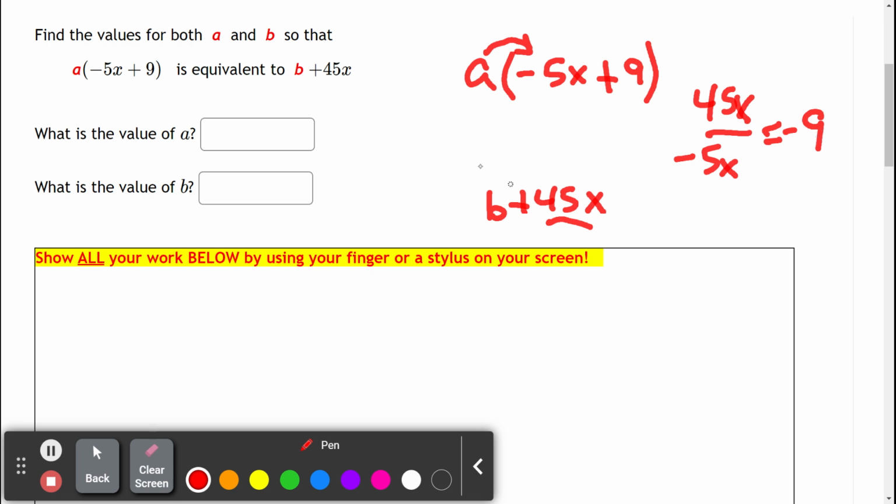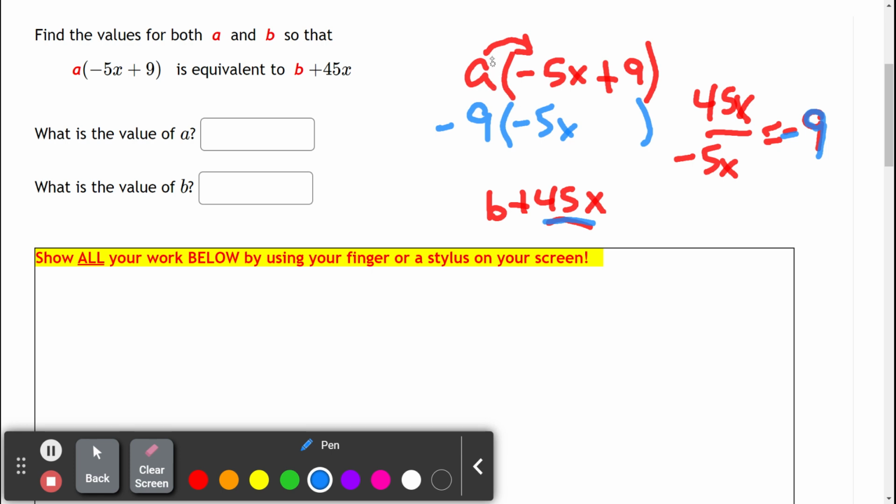And that's what goes outside. That's what this missing number is. So negative 9 right here is the A. Because if I have negative 9 times negative 5x, that's going to make my positive 45x.